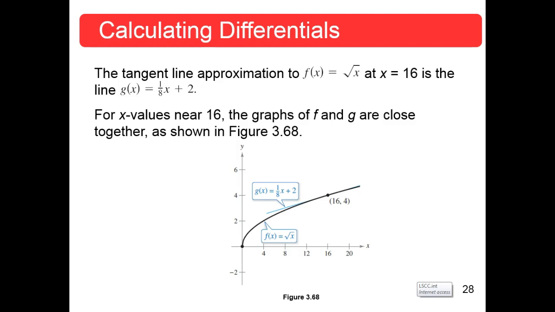Your derivative was, remember, 1 over 2 times the square root of 16, so that's where your 1/8 came from, times your x, and then the plus 2 they got from the slope-intercept form. They skipped a bunch of steps here to get to this form.